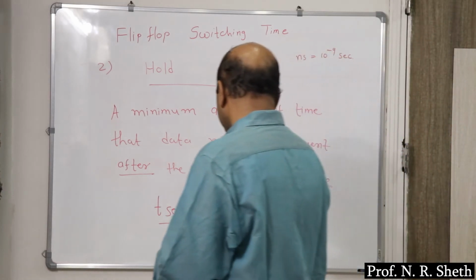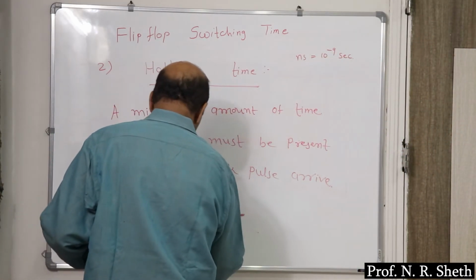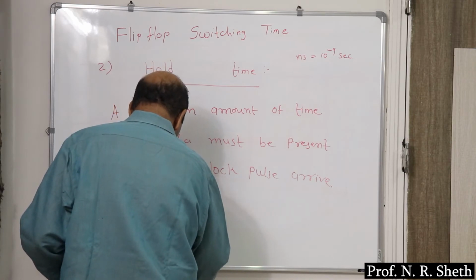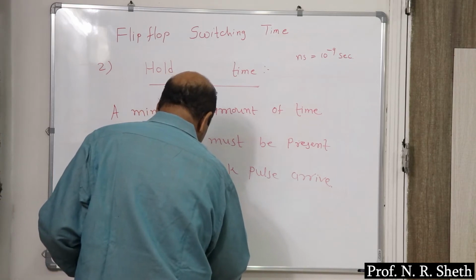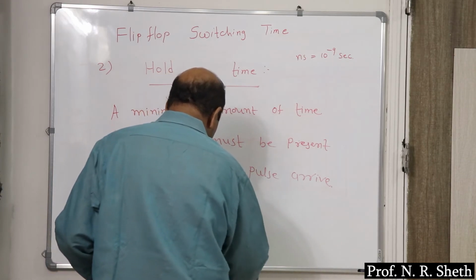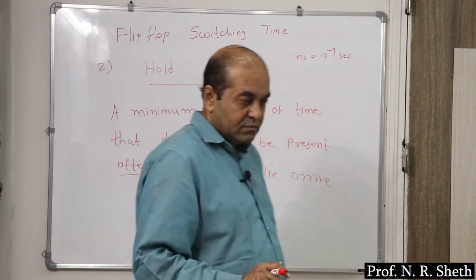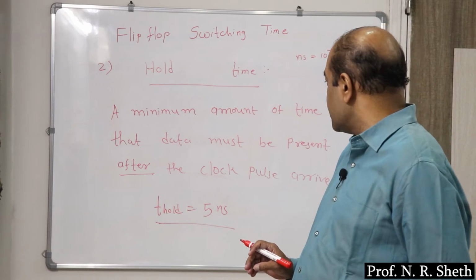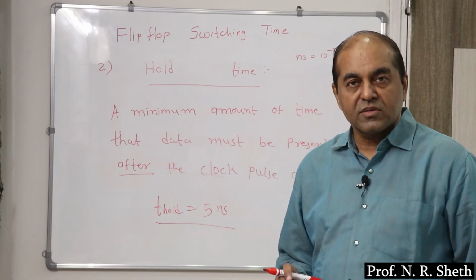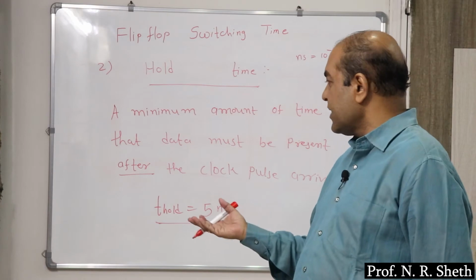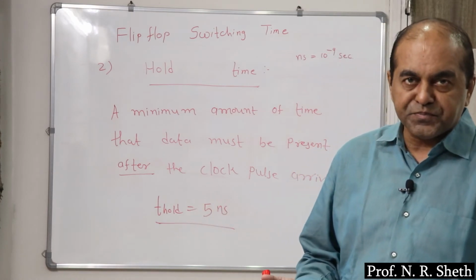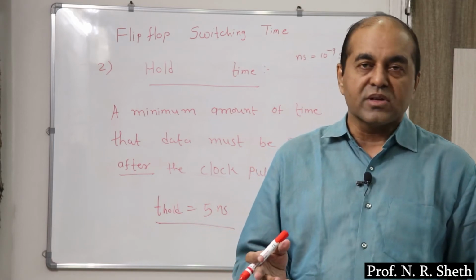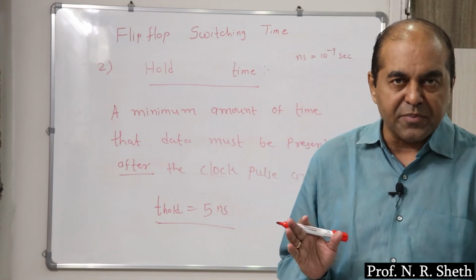Definitely, that hold time is not of 15 nanosecond, it is 5 nanosecond. Before the clock pulse it is setup time, after it is hold time, and the time required to change the state is known as delay time, propagation delay time, TP.